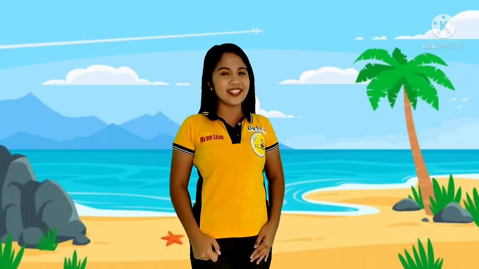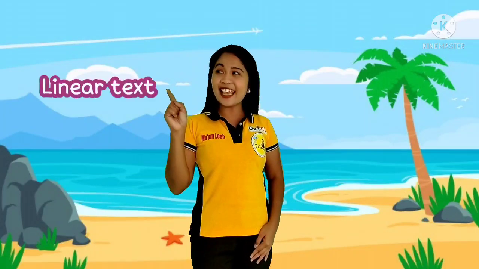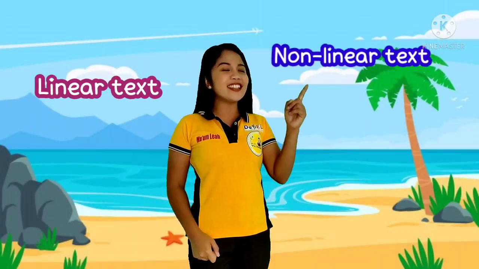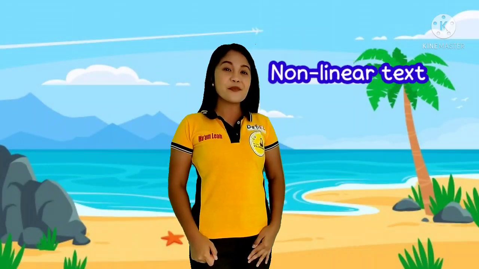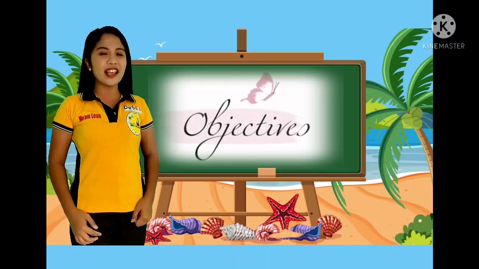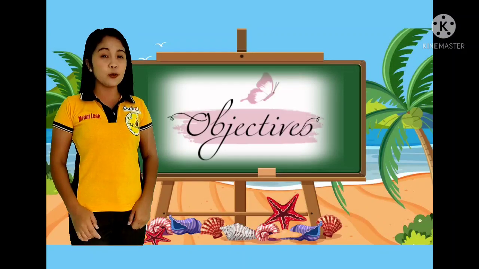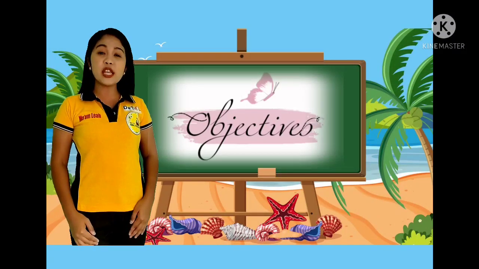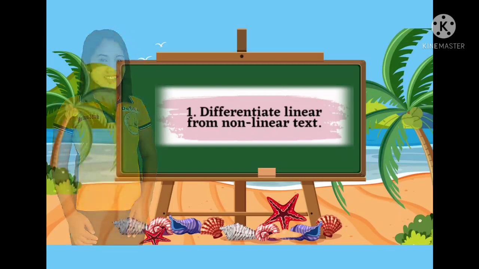Okay, let's have now our lesson for today. This morning, we're going to learn about linear text and non-linear text. But before that, let's have first our learning objectives for this morning. At the end of this video lesson, you are expected to, number 1, differentiate linear and non-linear text.